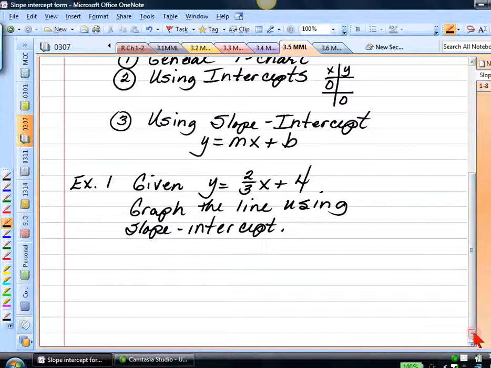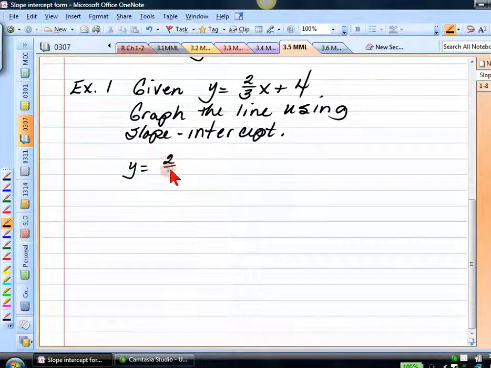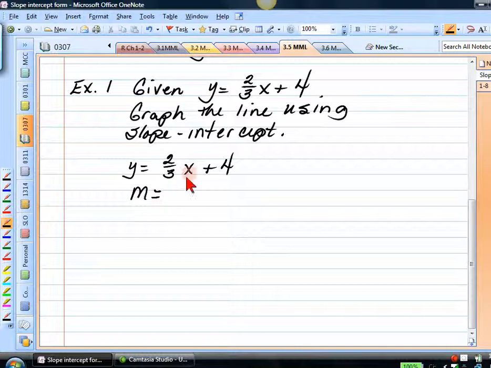Okay, so this is our new method that we have not used. All right, if I write down y equals 2/3 x plus 4, can you tell me the value of m? It's 2/3. Everybody know why? Because y equals mx plus b is the form. What is b? 4.